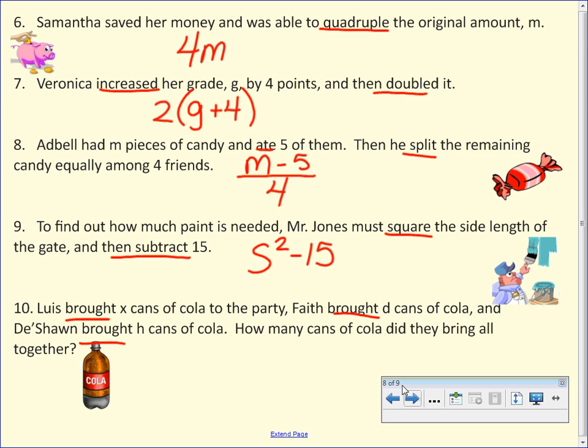How many cans of cola did they all bring together? All together means to add them up. So X plus D plus H, add them all together. You will have to underline, follow the directions, okay? Underline it and write the expressions.